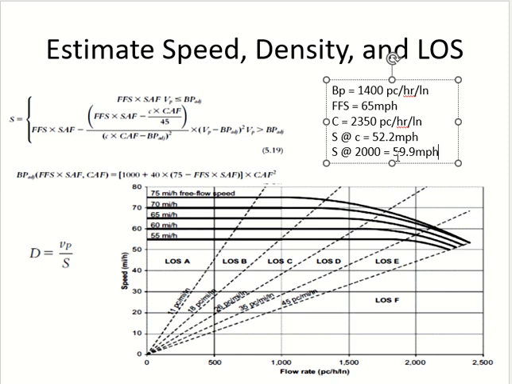So y is speed, x is flow rate. And what do I know? Density is Vp upon S, and the slope is S upon Vp.